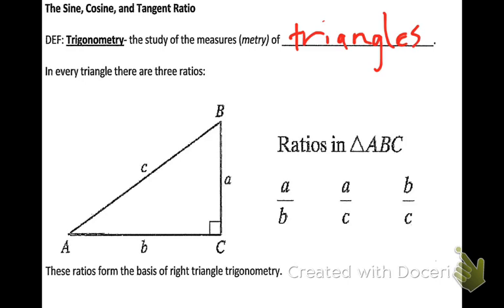In every triangle there are 3 ratios. You've got A over B, A over C, or B over C. These ratios form the basis of right triangle trigonometry. We're doing right triangle trigonometry.